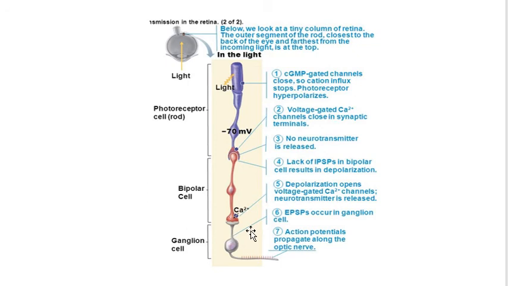This causes an EPSP to occur in the ganglion cells, and an action potential is propagated along the optic nerve. So again, we have excitatory postsynaptic potentials occurring because of the release of glutamate from the bipolar cells.